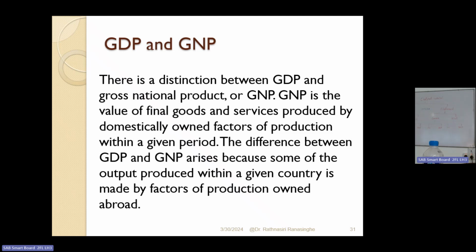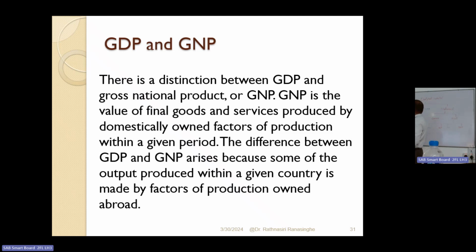Gross domestic output at factor cost plus net taxes gives us GDP at market price. Net taxes means taxes minus subsidies, the difference between the tax and the subsidies.